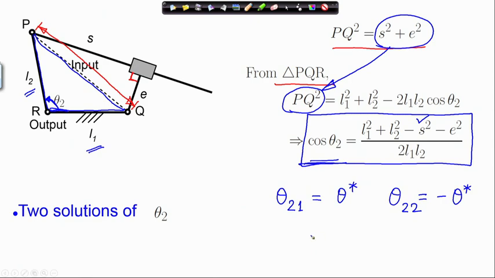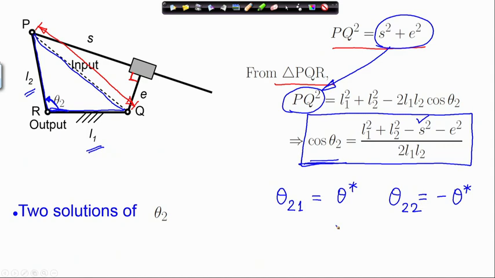Suppose on the calculator you do cosine inverse and you get a certain angle, then minus of that angle is also a solution, as you know. If it is in the first quadrant, then this is the thing.